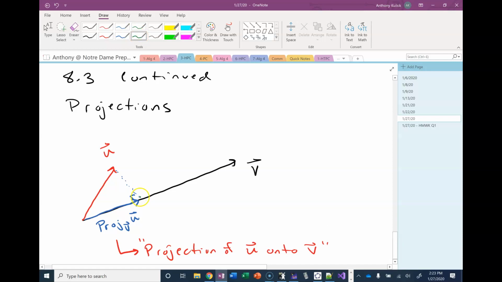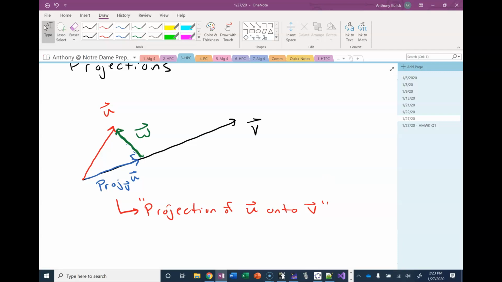Okay. So this vector here, I'm going to call W. Notice the way that I've drawn these three vectors. What can I say about these three vectors?